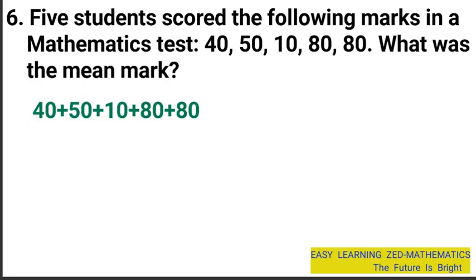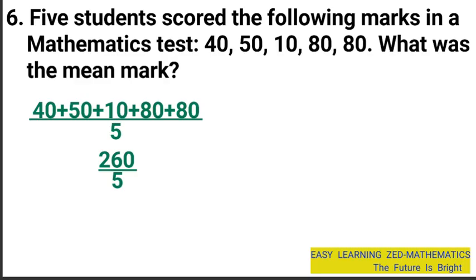First we find the sum. 40 plus 50 will give us 90. 90 plus 10 will give us 100. 100 plus 80 will give us 180. 180 plus 80 will give us 260, which will be divided by 5. Now we're going to divide 260 by 5.